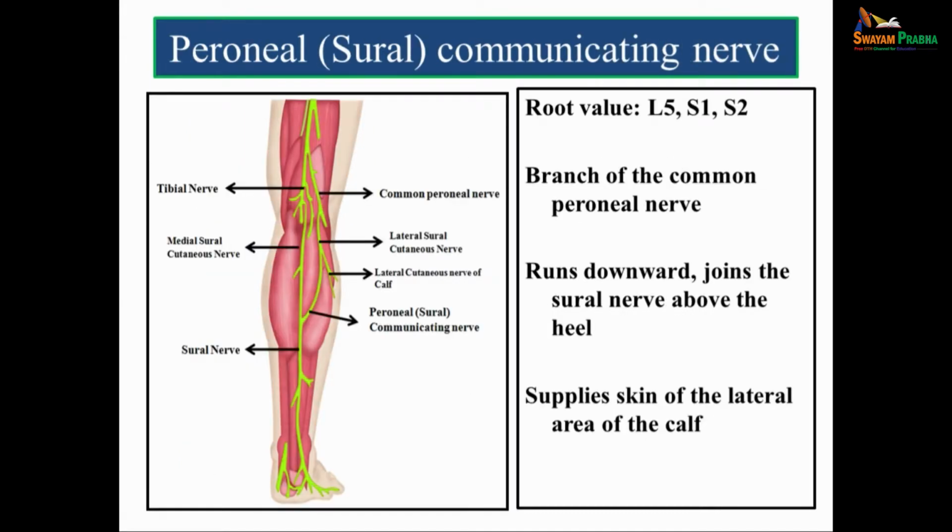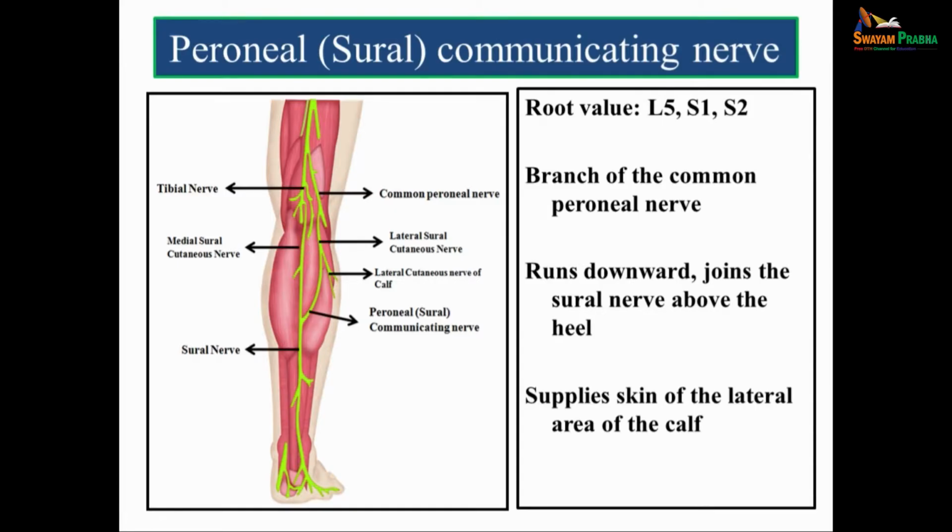The peroneal or sural communicating nerve is what you see here. Now from above, if you trace, this is the sciatic nerve, this is the tibial nerve, this is the common peroneal nerve. The tibial nerve gives rise to a cutaneous nerve called the medial sural cutaneous nerve.